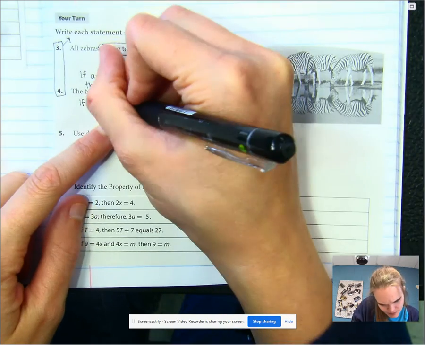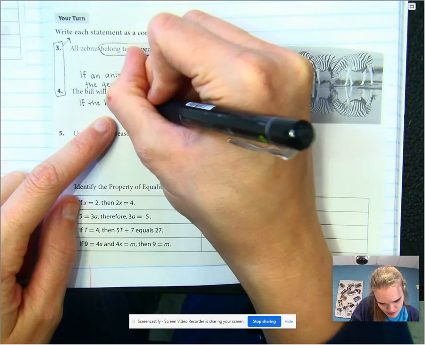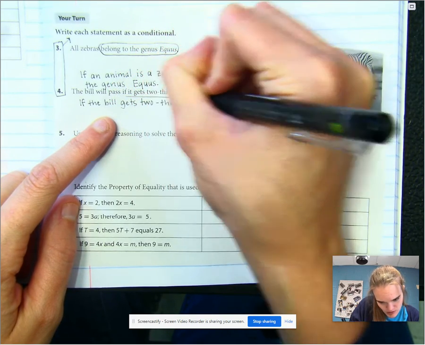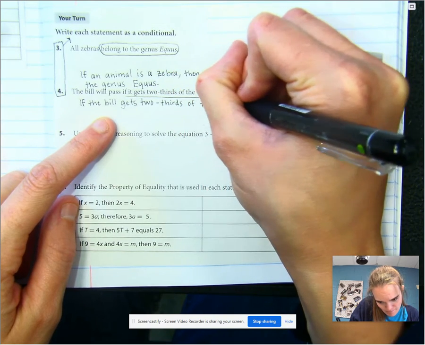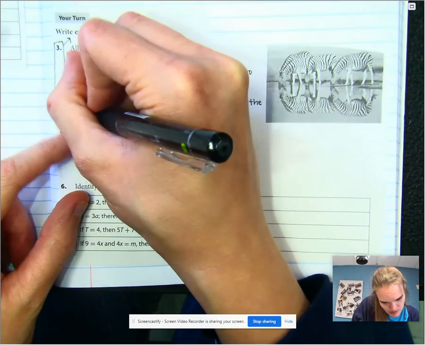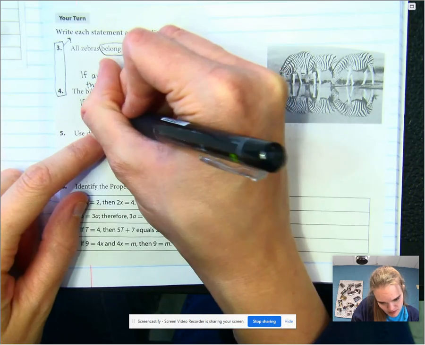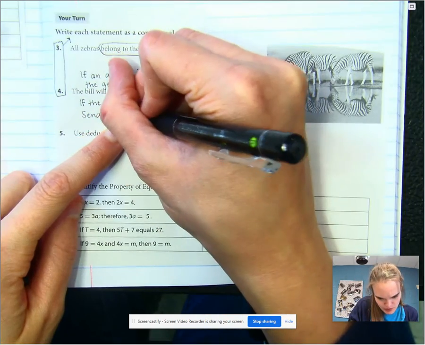If the bill gets, and I'm literally going to copy what this says, 2/3 of the vote in the Senate, then, now I can use it because I've already named the noun, so you can use pronouns now.